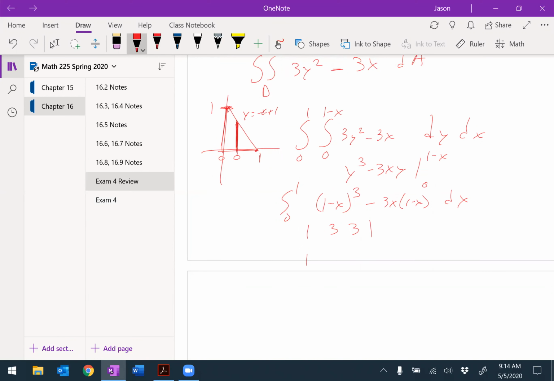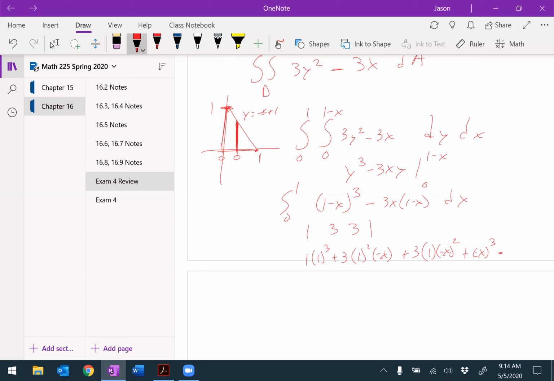So this is going to be 1 times 1 cubed, plus 3 times 1 squared times negative x, plus 3 times 1 times negative x squared, plus negative x cubed, right? So that's using Pascal's triangle.